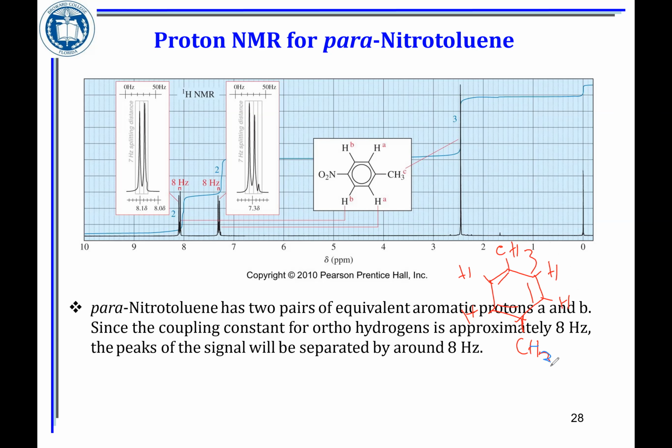So if I call this CH3 A, okay, and this hydrogen is going to be B, what should I call the hydrogen on the adjacent carbon, this hydrogen here with the arrow? Should it be A, B, or C?